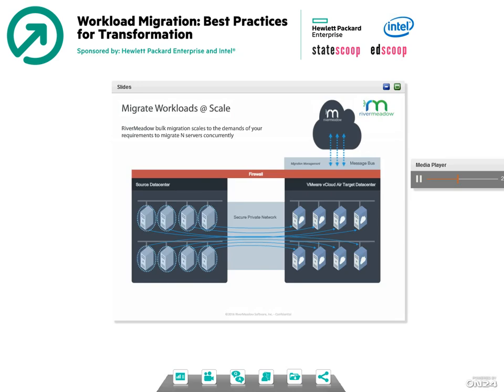So what we do in general is migrate things at scale. If you look at our architecture, you have the Meadow SaaS environment, which is basically built in a public cloud environment. It runs in a highly available fashion and basically serves customer data requests behind their firewall as a web-based service.